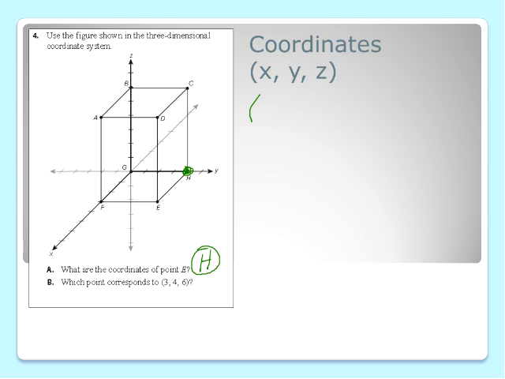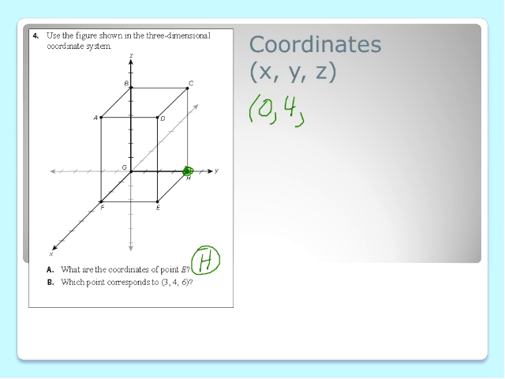How far on X did we go? Zero. Excellent, Elijah. Outstanding. How many on Y did we go? Mariah, you got it. Yes, we went 4.